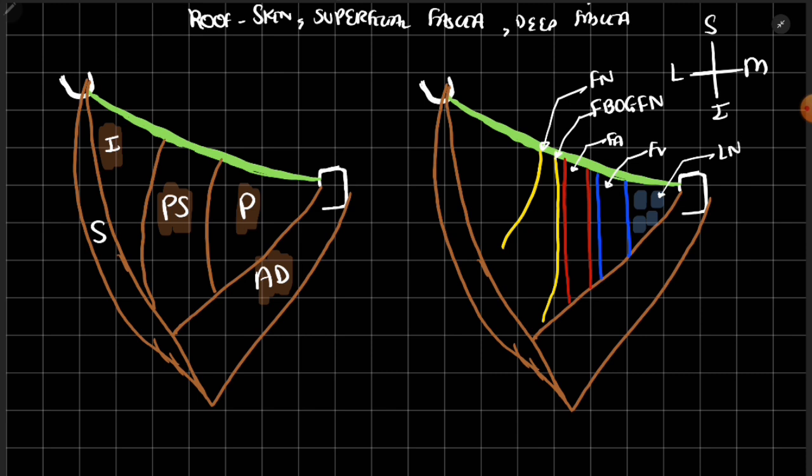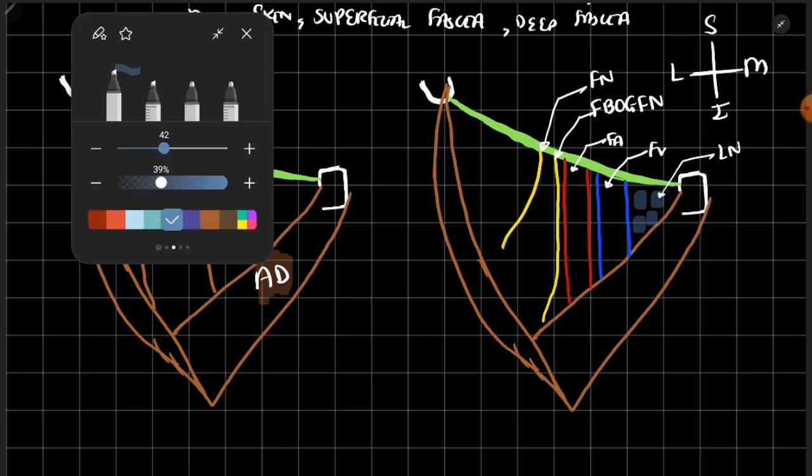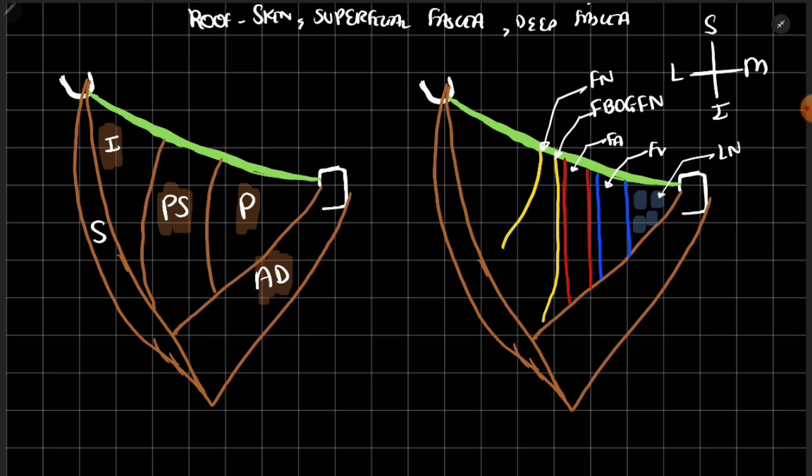Now one more term, femoral sheath. I mentioned it earlier. So the femoral sheath is basically a modification of the fascias which encloses the femoral nerve. Okay, then the femoral artery. Okay, femoral nerve, femoral artery are covered.